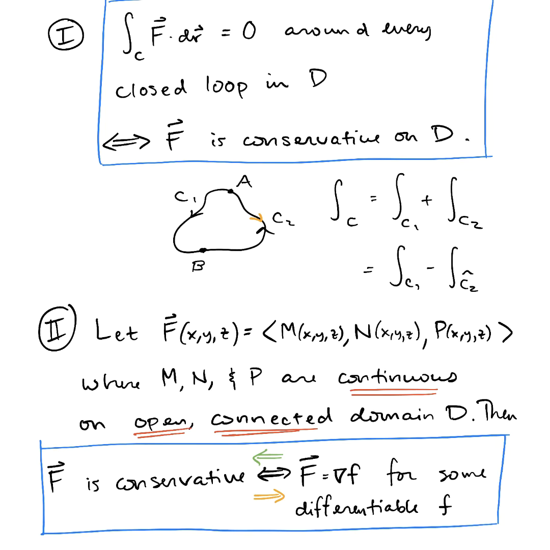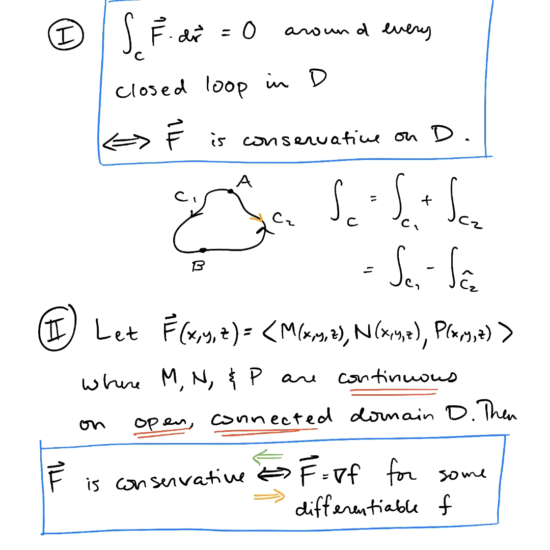Well, you just define an anchor point to be the initial point of any line integral involving big F, and then you define little f to be what the line integral comes out to from that anchor point to some other point B. And then you make some argument that that little f is in fact differentiable and its gradient is big F.